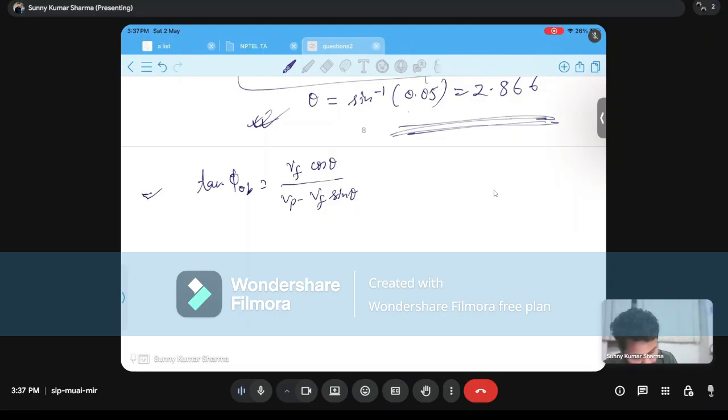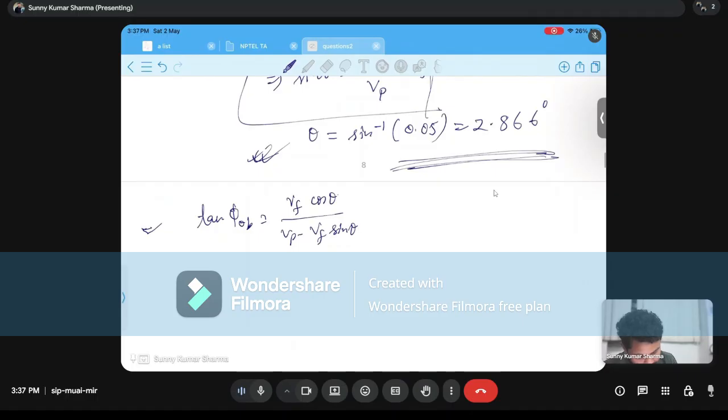We need to put the theta value here, or we can directly put the sin theta and cos theta expressions here.